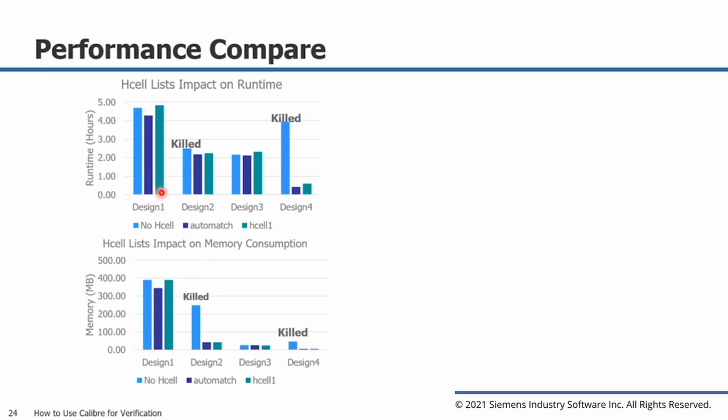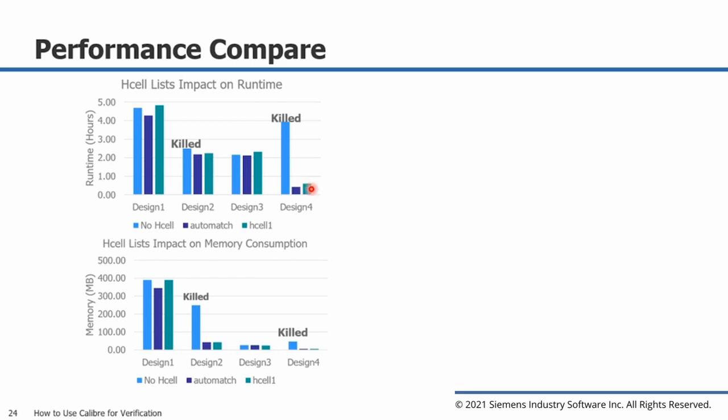And if you have a custom hash cell list, which is not optimized, it might be even worse than no hash cell. And you can see here in design 2, some of the jobs have been killed because there's too much information on how to promote or inject hierarchy into the layout before the run.